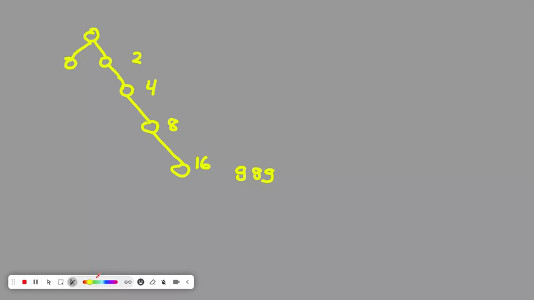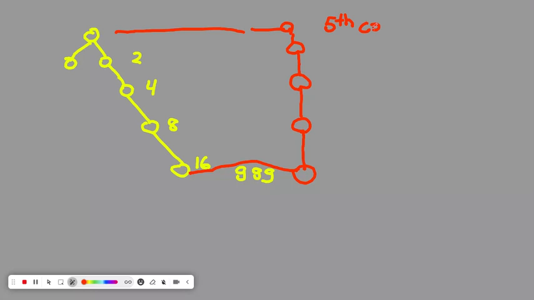So let's say, change the color, that one of these people in this line had a sister or a brother. And if you continue the chart this way, look at their descendants, their children, and that would be your cousin, your fifth cousin, which you probably don't know.